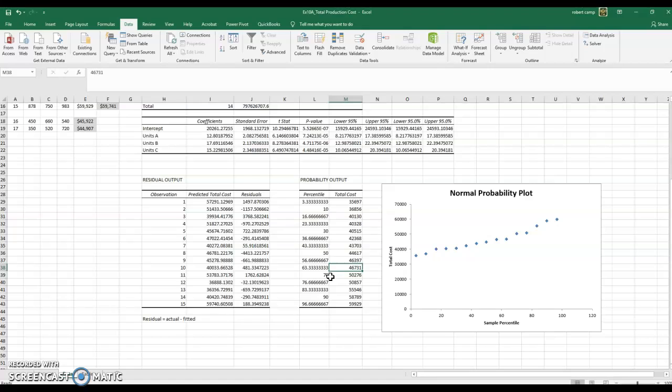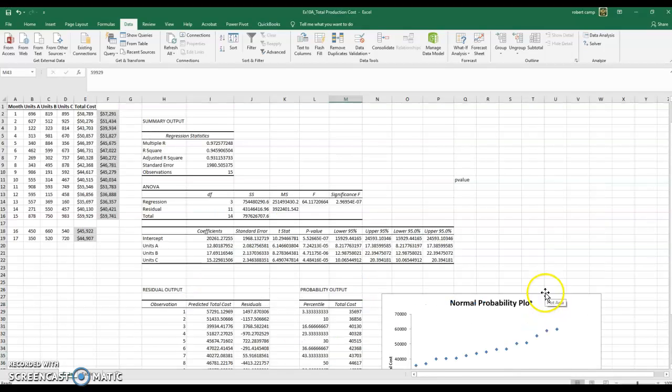So that means 63% of all of the variations are going to be at 46,731 or less. And we can run that up to the 96.66 percentile. This stuff is interesting. Typically, we're not looking at this stuff, but I did want to show it to you.